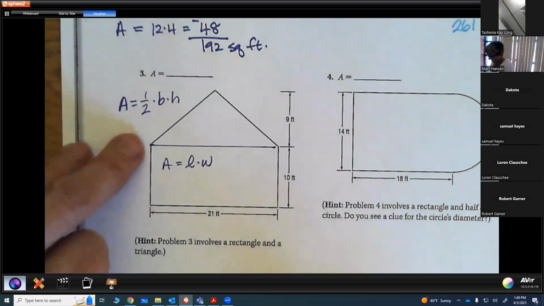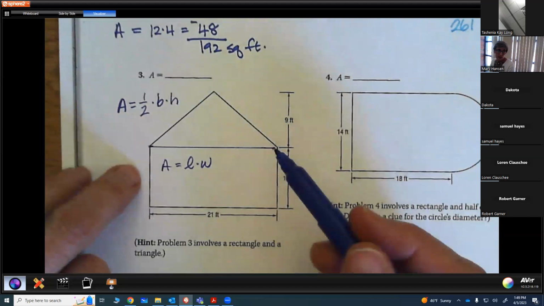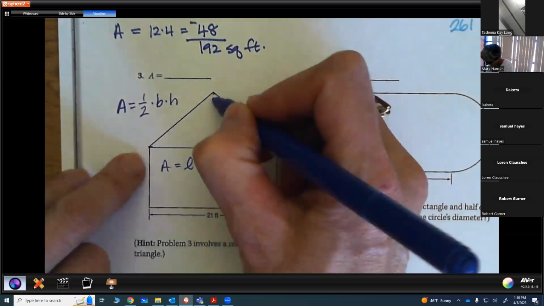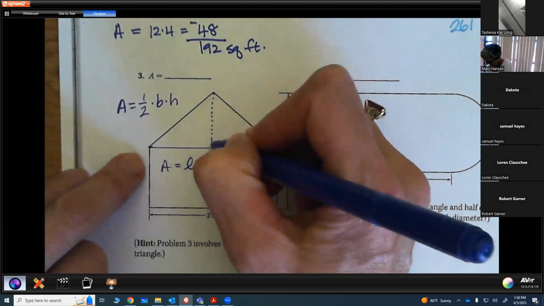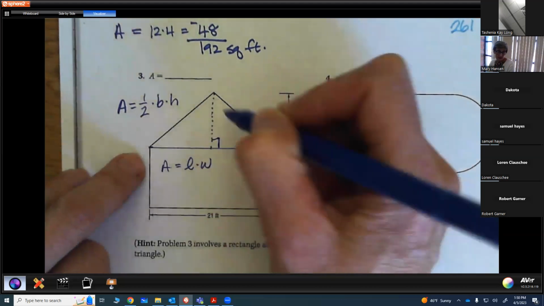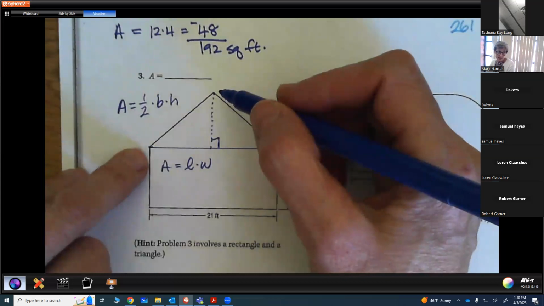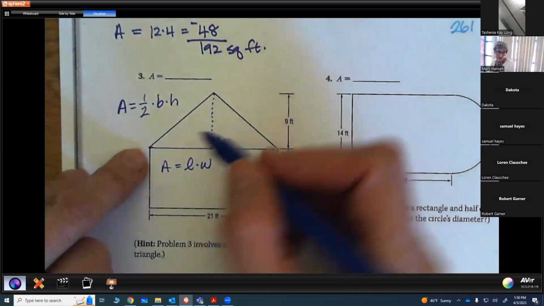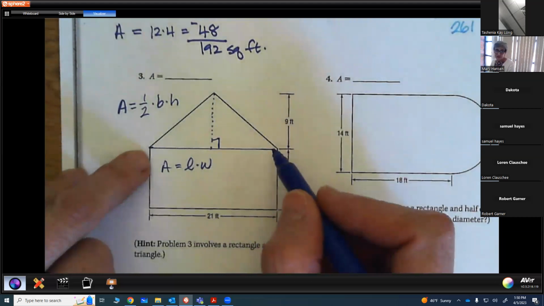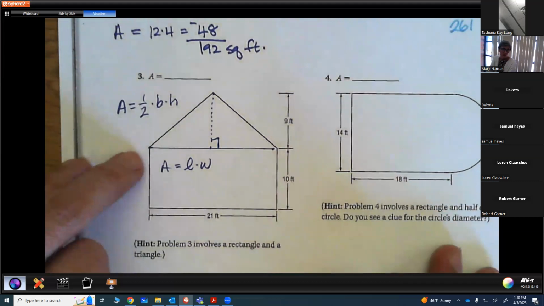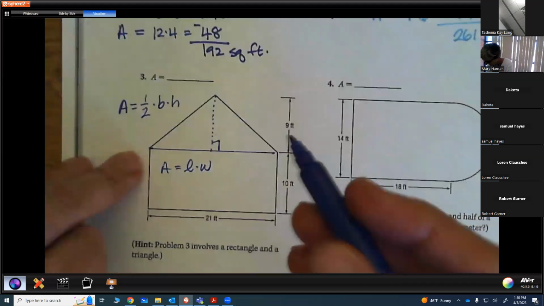And so when we look at the dimensions of the triangle, the height is, remember, the distance from the tallest peak of the triangle, like we're measuring a mountain, straight down to meet the base. And so the height of this triangle is how much? 9. 9.